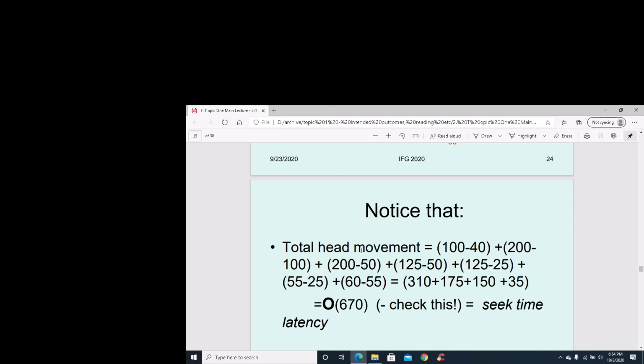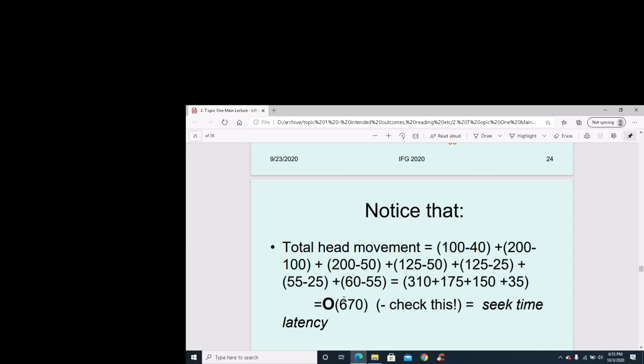So notice that we can actually calculate the total head movement in the following way. And as I said, I'm just following the calculation as I've described it. 100 minus 40 plus 200 minus 100 plus 200 minus 50, etc. And I reckon that the sum is of the order of 670 tracks that the read-write head has to cross.